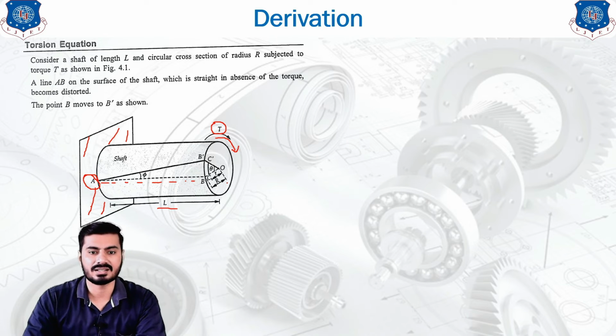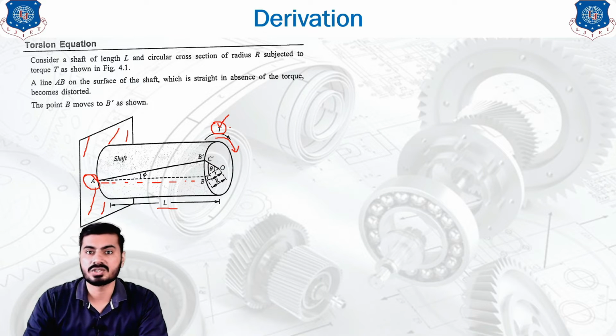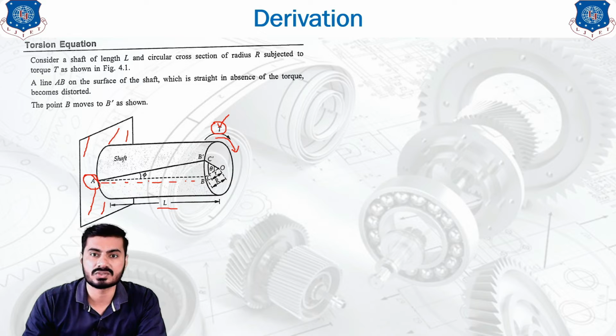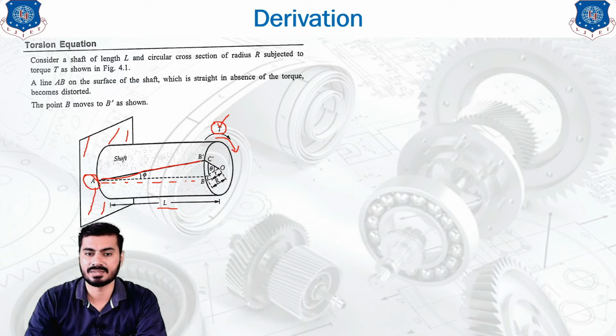This is the initial condition. Now what we are going to do is apply a twisting moment of amount T. If you apply the twisting moment, the twisting of the shaft occurs, the torsion phenomenon occurs, and due to the torsion, this straight line is going to be twisted. So this straight line will appear like this as a solid line.